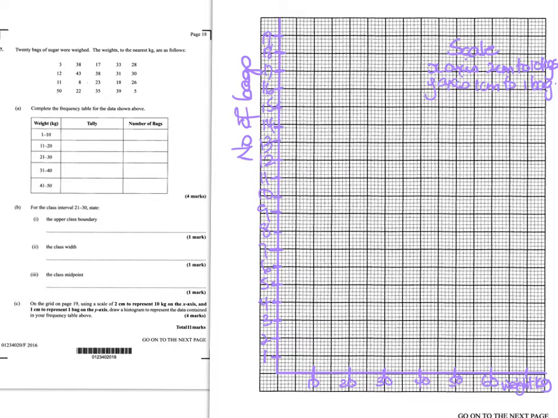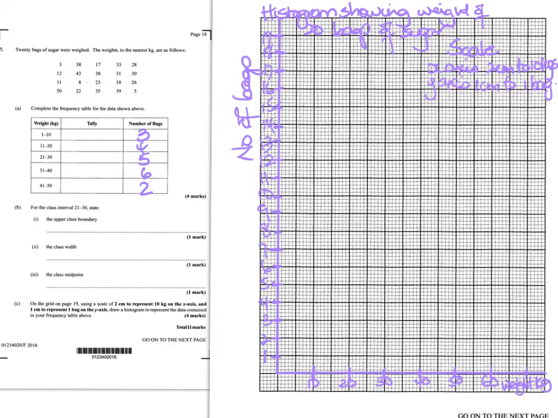And our title would be the weight histogram showing the weights of 20 bags of sugar.